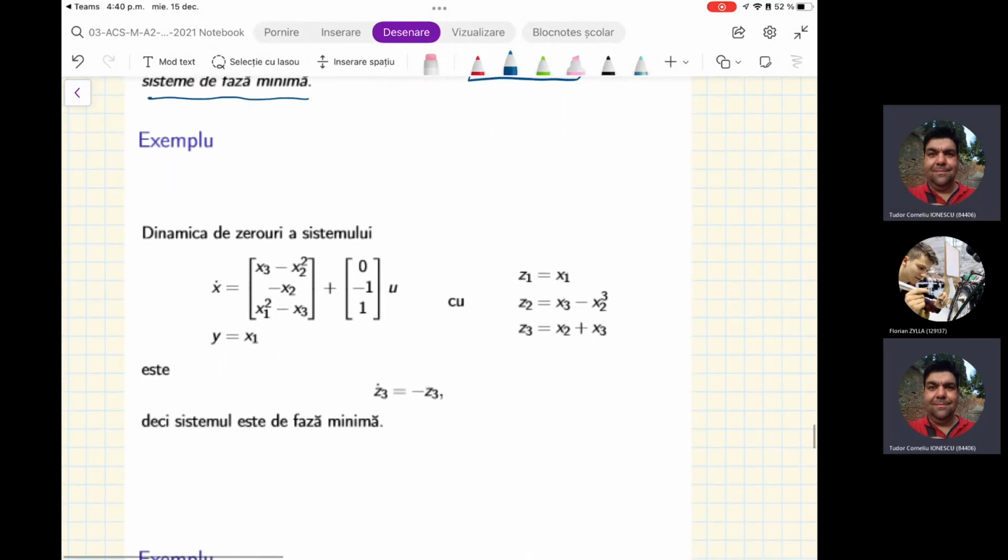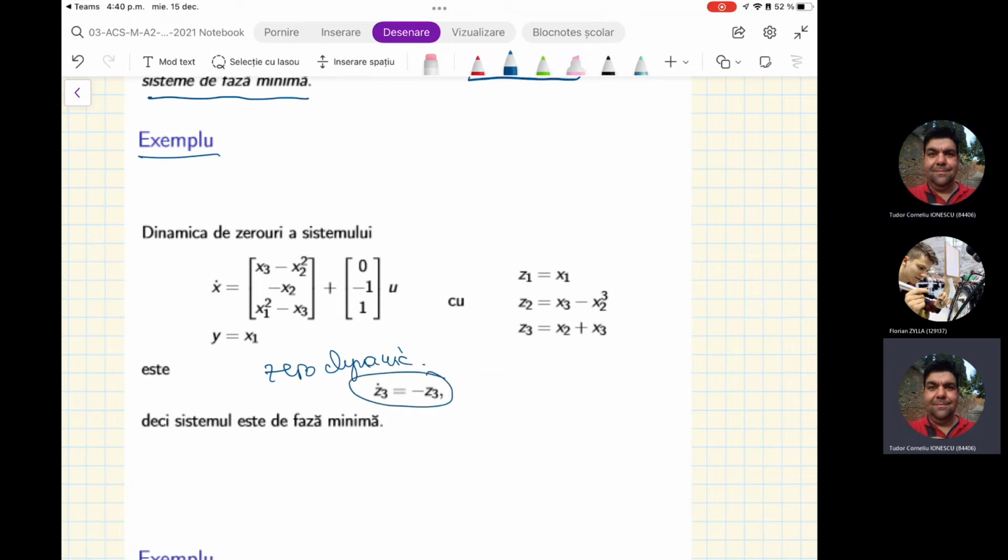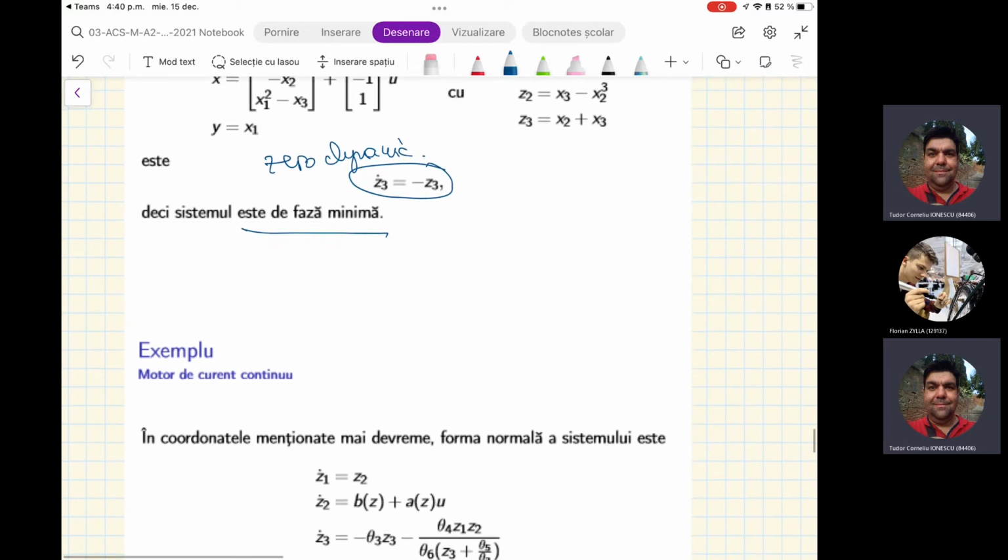And here we have an example. This is a nonlinear example. Okay. The zero dynamics of this system. So it only has a zero, okay? So probably relative degree is 2. Okay. So this is stable. So this is a minimum phase system, and probably the system itself is also stable.